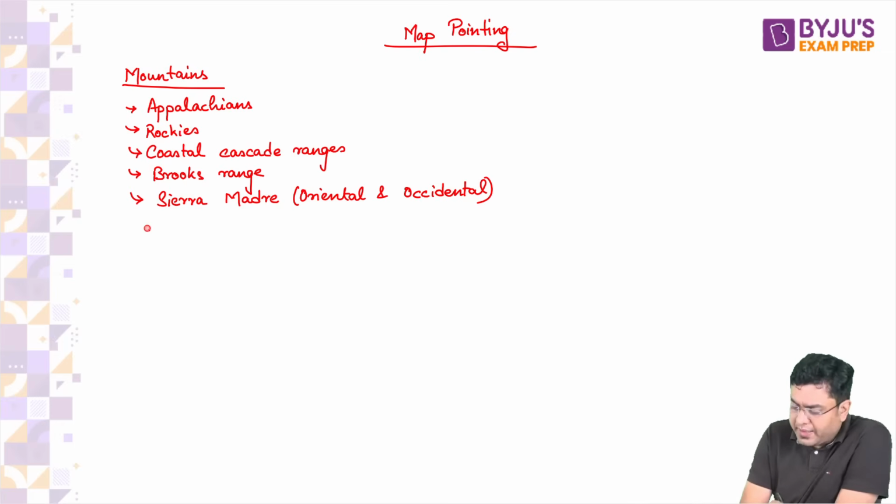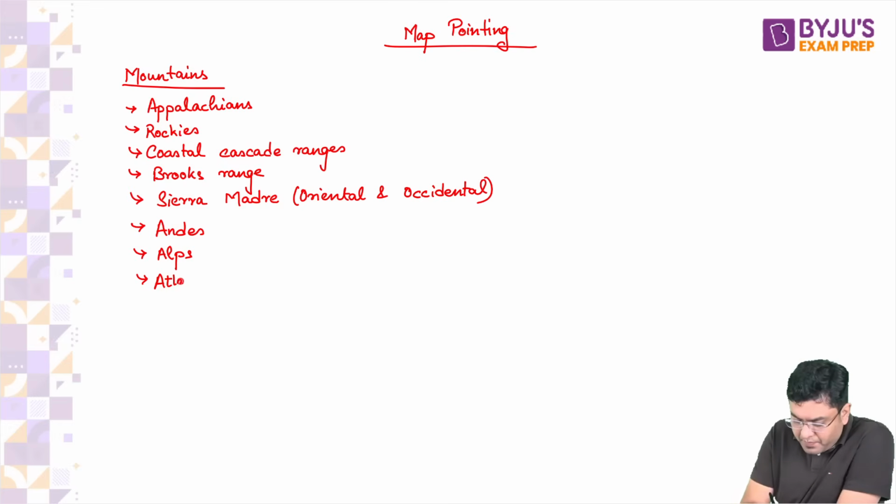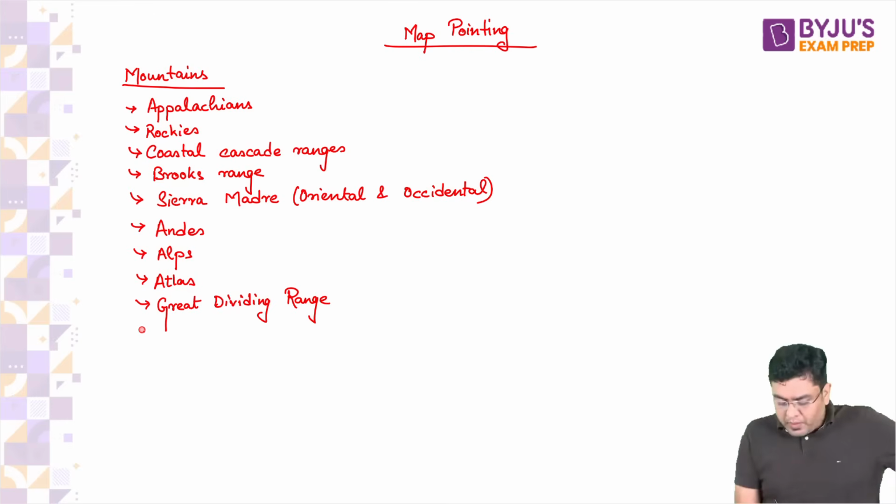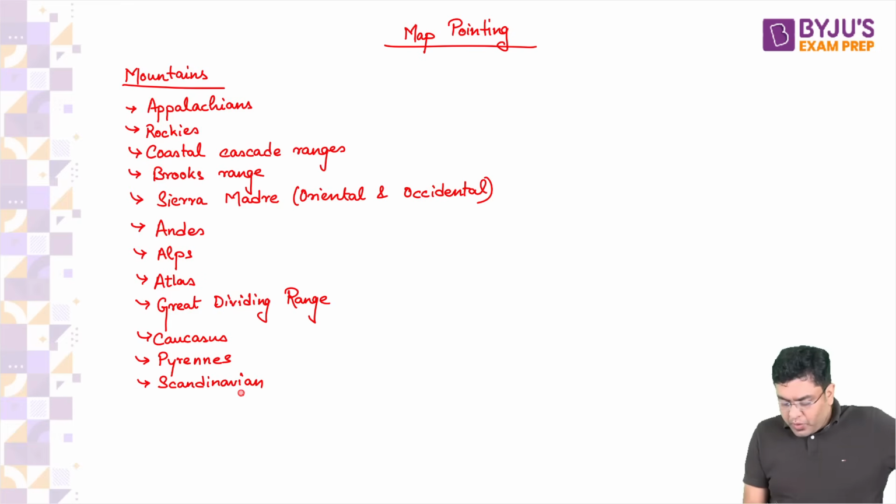Okay. And then Andes, Alps, Atlas, Great Dividing Range, then Caucasus, Pyrenees, Scandinavian, Ural.